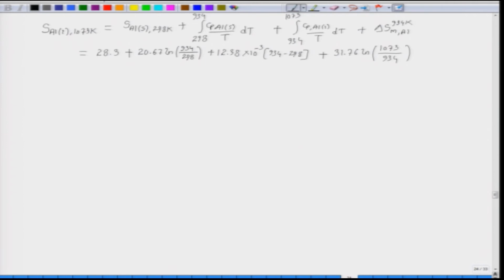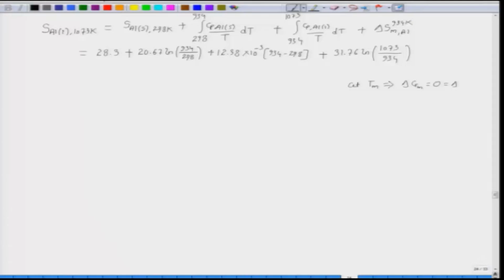How do we get to this? We know the enthalpy of melting, and at equilibrium melting temperature we know delta G melting will be 0, right, because at equilibrium melting solid is in equilibrium with liquid. So, if we change the state from solid to liquid, there should be no change in Gibbs free energy, which we know is equal to delta H melting minus Tm delta Sm, and so delta Sm is nothing but delta Hm by Tm.